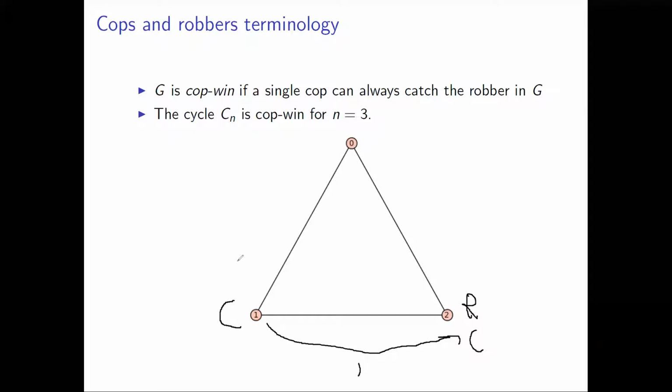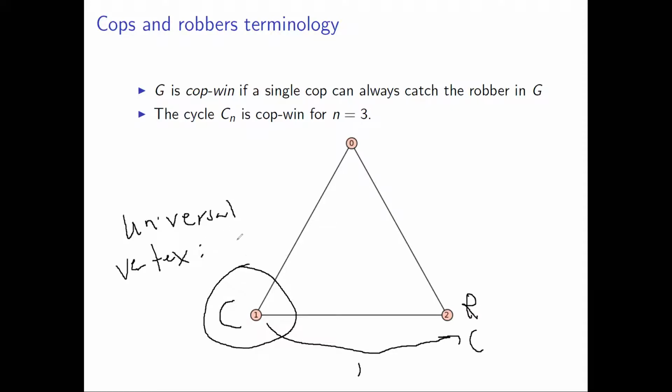And we will always have the graph be cop win if there is a special kind of vertex called a universal vertex. So a universal vertex is adjacent to all the other vertices.